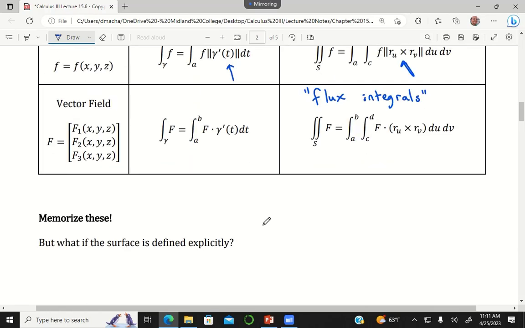If you have a surface that's defined explicitly and not parametrically, right? So instead of having a parametric surface, what if you just say z is a function of x and y? That's still a surface in 3D space, but it's not defined parametrically.